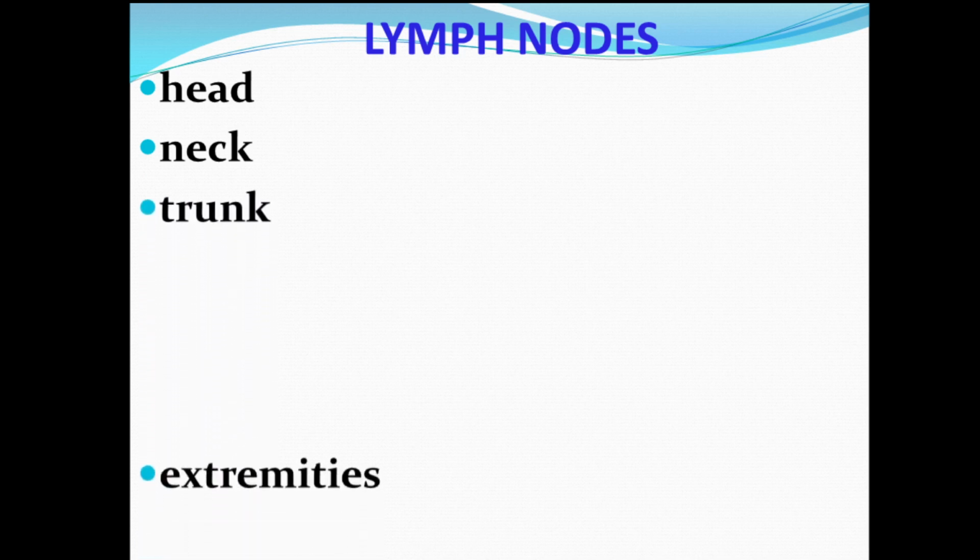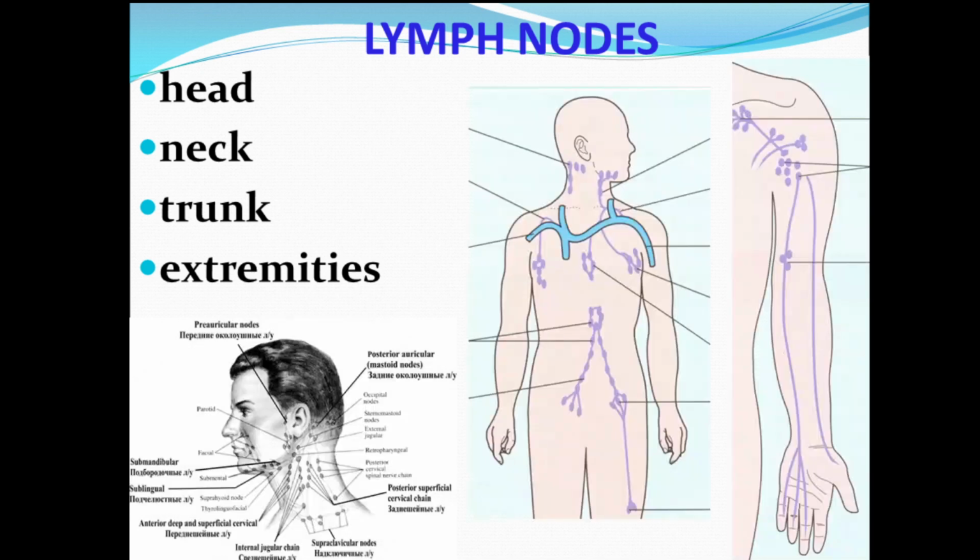And the last index which must be assessed on general inspection is lymph nodes. We can assess only peripheral lymph nodes, with which our body is very rich. First of all, we examine all exposed parts of the body.